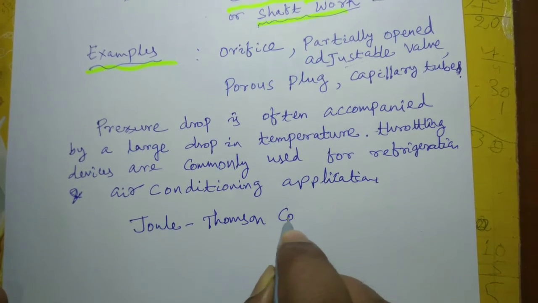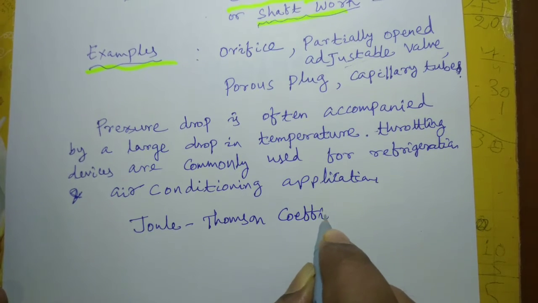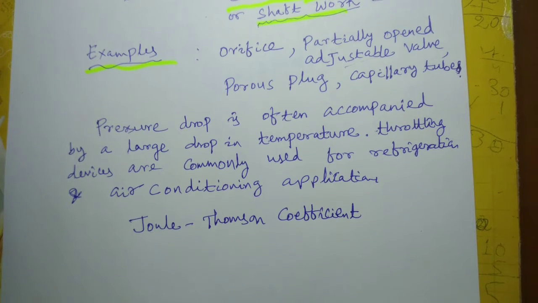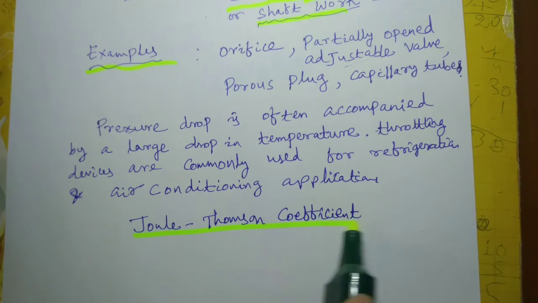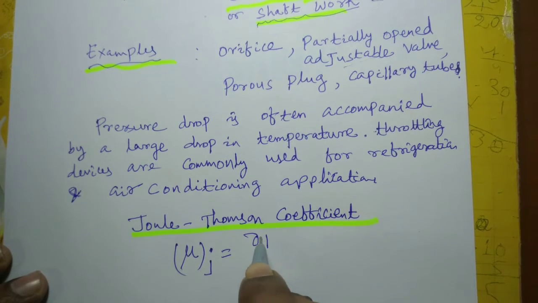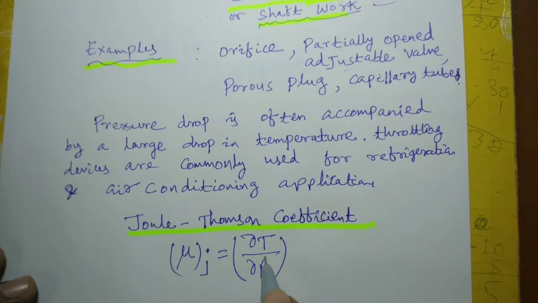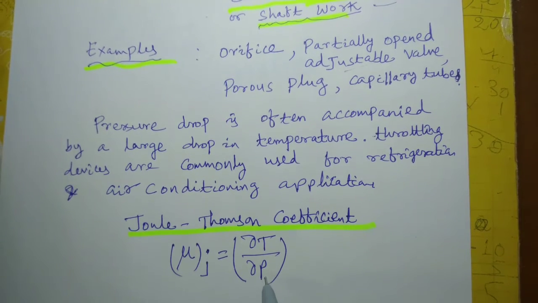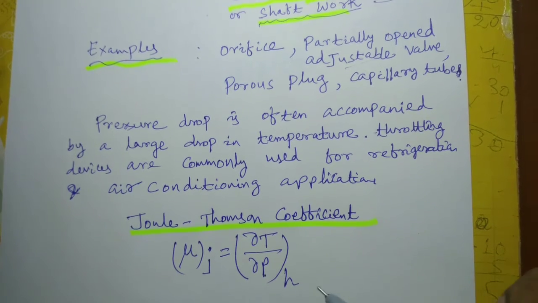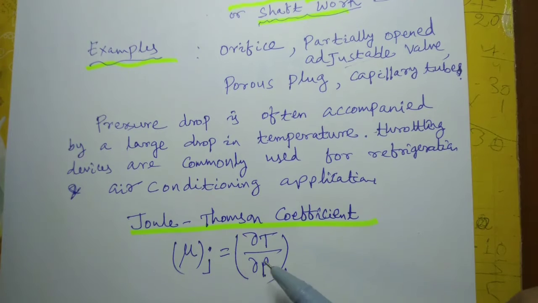Joule-Thomson coefficient, which is nothing but mu J, which is dou T upon dou P. How the temperature will vary with respect to pressure, that we will study later on while studying about Joule-Thomson coefficient.